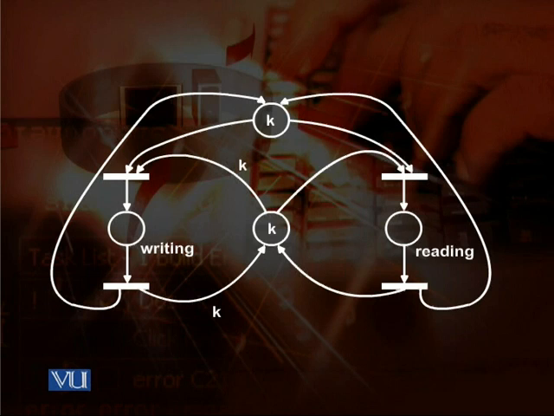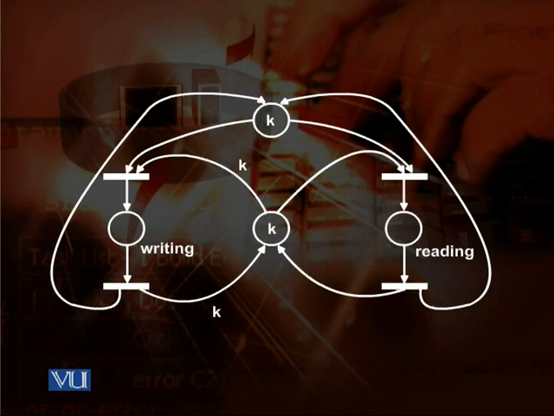What we have is a very symmetric kind of view, but we have given different weights to the arcs. In our initial marking, we have k tokens present in two of the places. The other two places do not have any token in them.